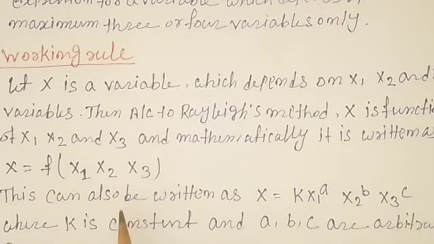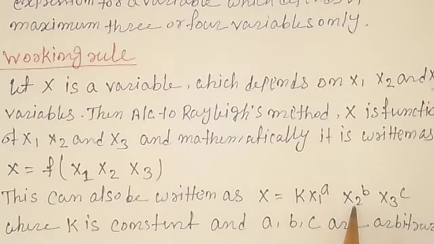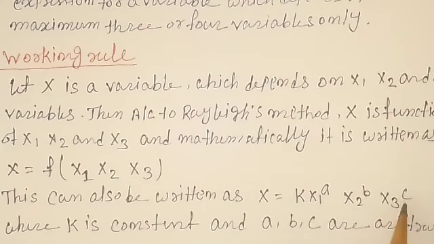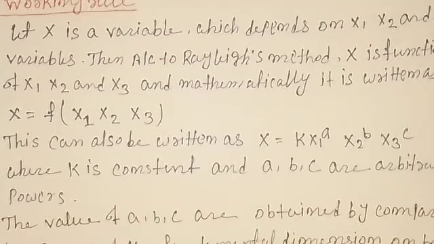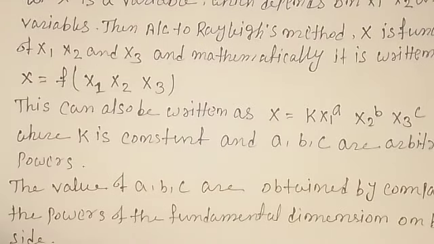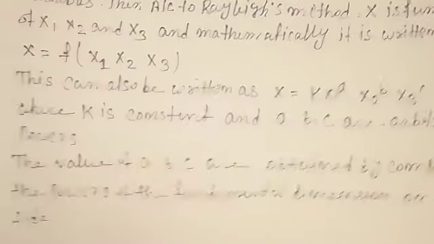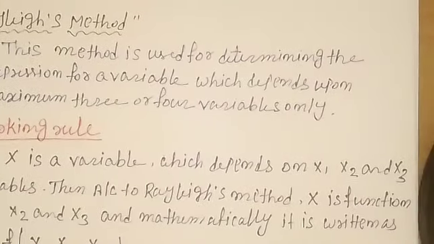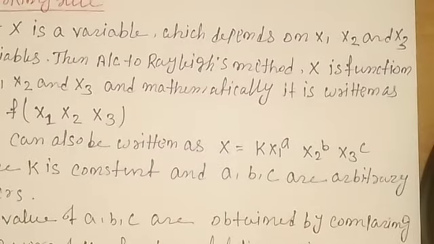This can also be written as x = k x1^a x2^b x3^c, where k is a constant and a, b, c are arbitrary powers. The values of a, b, c are obtained by comparing the powers of the fundamental dimensions on both sides. Just now I told you the example that force is equal to mass into acceleration.